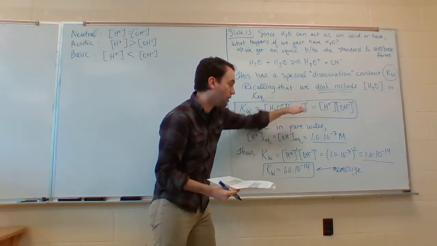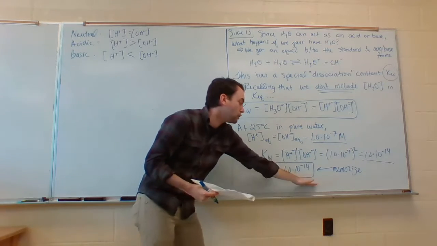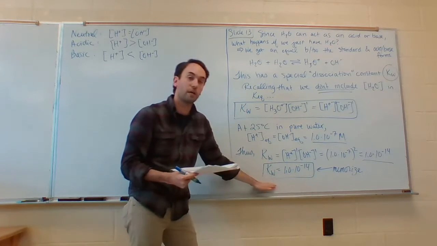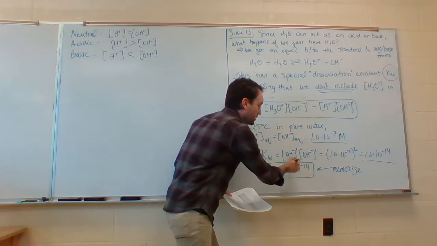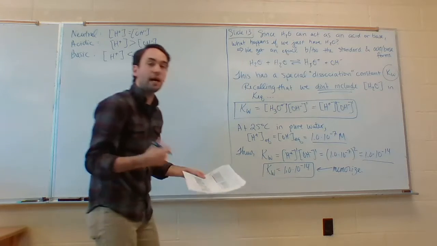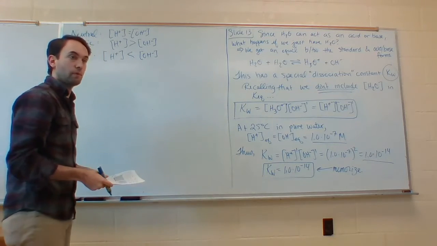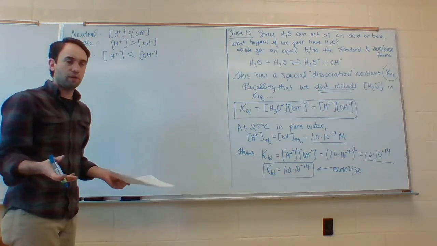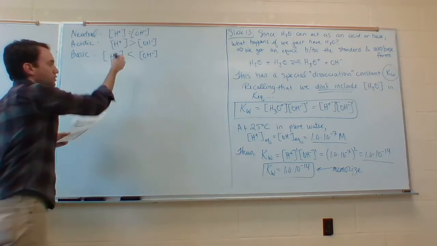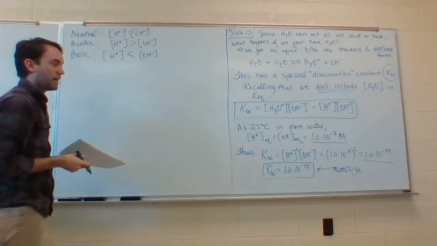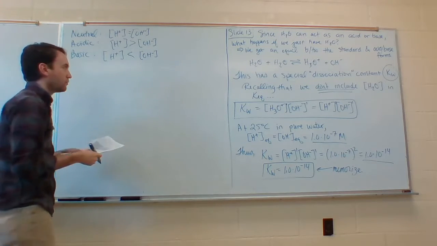So if H plus goes up, OH minus has to go down to make sure that we have our equilibrium constant. That's why this is called a constant, because that number stays the same, but these numbers can go up and down depending on our equilibrium position. Remember, we could have an infinite number of equilibrium positions, which are an infinite number of different concentration combinations to give us our Kw equals 1.0 times 10 to the negative 14.